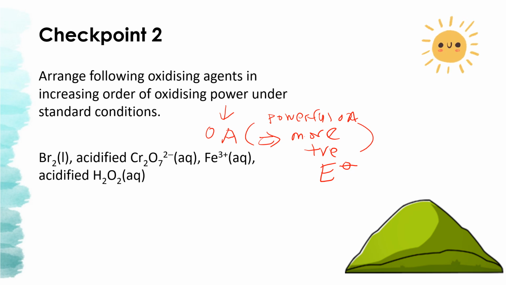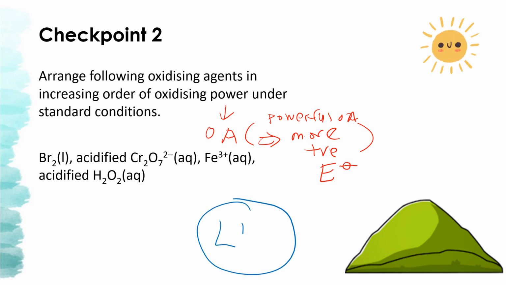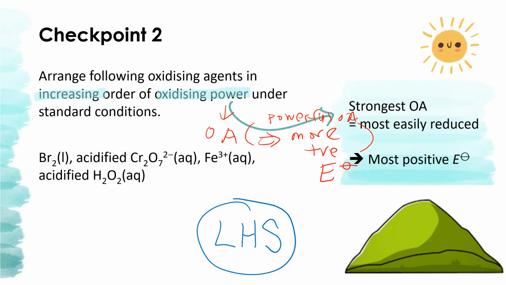Should you look at the left-hand side or the right-hand side in the data booklet? The answer is you should look at the left-hand side. Okay, more positive E value.